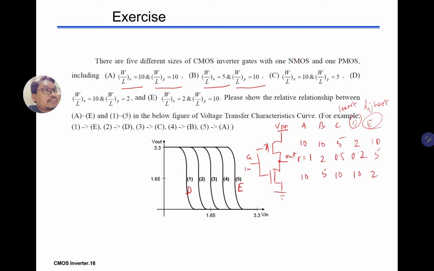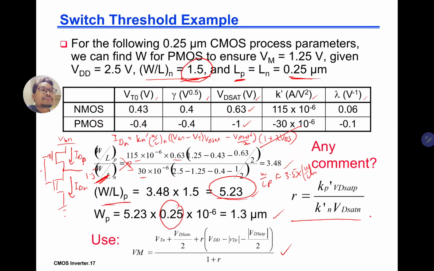I think you can do the rest yourself. Which was the second? D, and then this is C, and this is A and B. So the order is D, C, A, B, E.